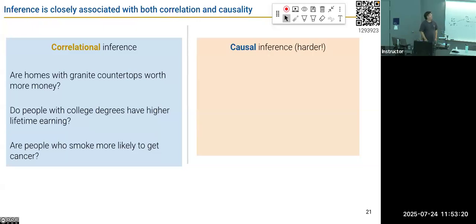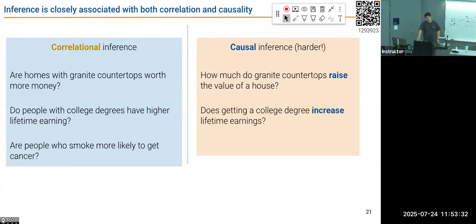So if you want to study causation under these contexts, here's how you would potentially frame them. How much do granite countertops raise the value of a house? Does getting a college degree increase lifetime earnings? Does smoking cause cancer?